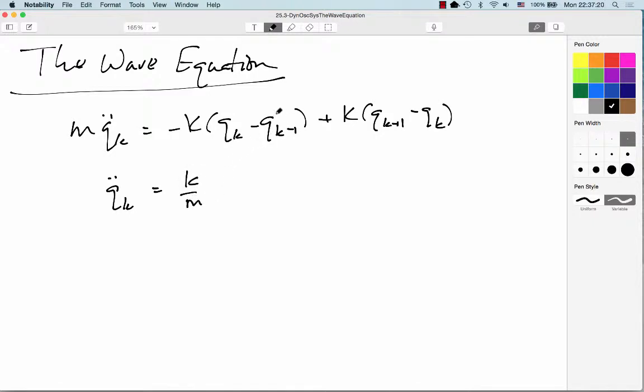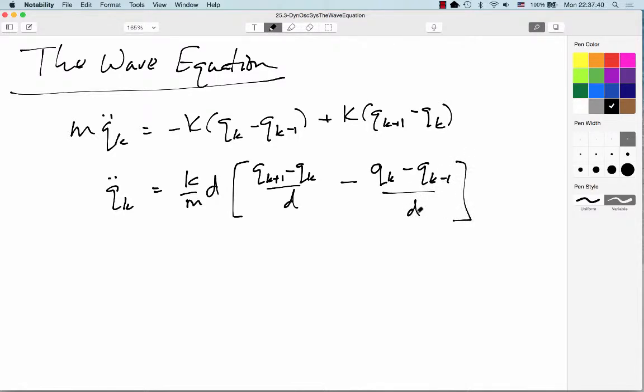Now what I'm going to do is multiply by d over d, so I'll put a d out front. By doing that, I'll end up with a (q_{k+1} minus q_k) over d minus a (q_k minus q_{k-1}) over d.